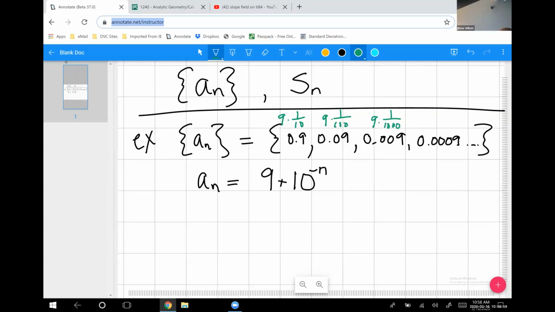And remember, when you have a negative power, that's 1 over the number to the positive power. So if I have 1 over 10, or 1 over 100, or 1 over 1,000, those are 1 over powers of 10.